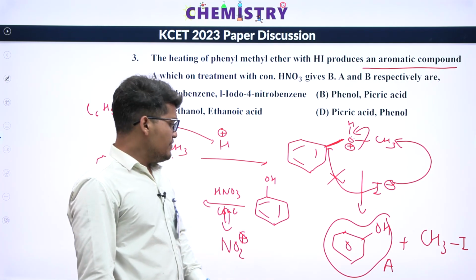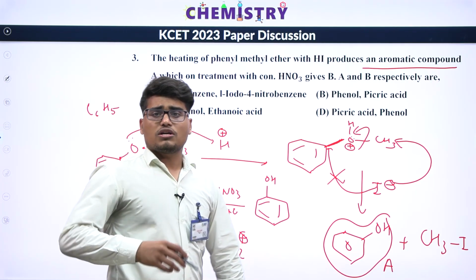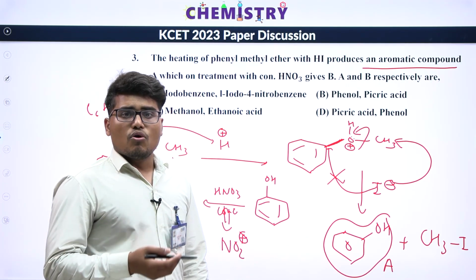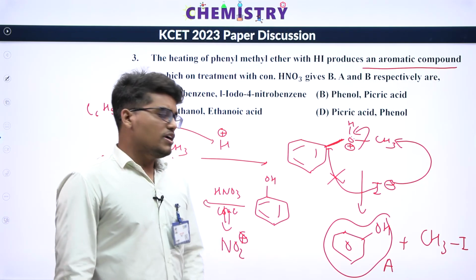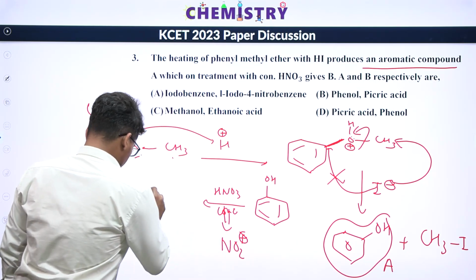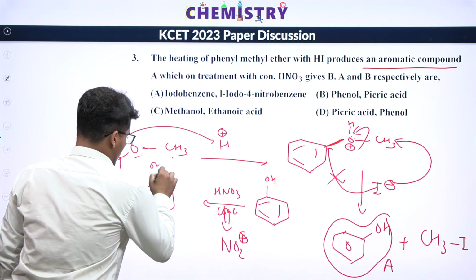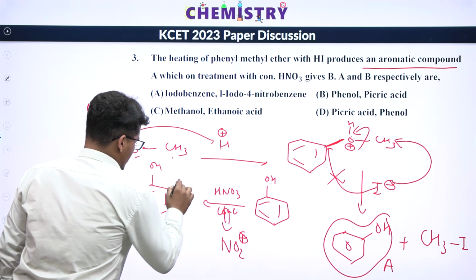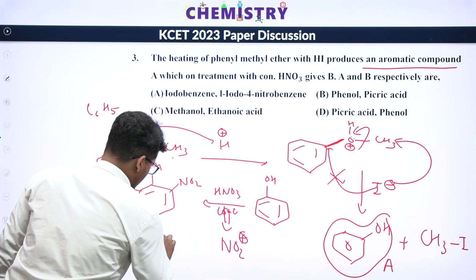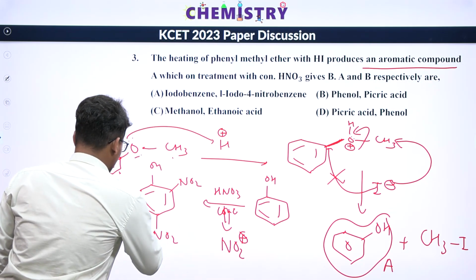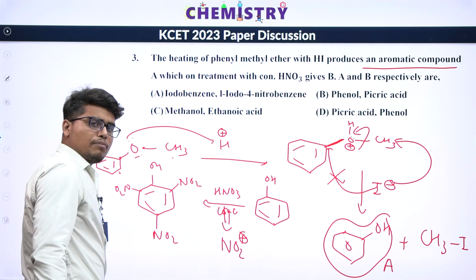Normally, but we know phenol is a strongly activating group. So you can see there is an NO2 on each of the ortho and para positions. NO2 will be here, here also, and the other ortho, so 2 ortho and 1 para position basically.